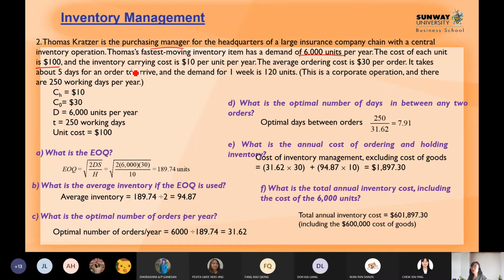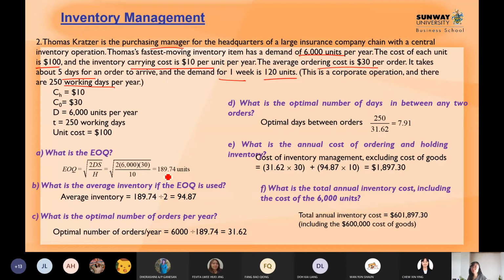The inventory carrying cost is $10 per unit. The average ordering cost is 30 per order. It takes 5 days to arrive. The demand for 1 week is 120 units, and the working days are 250. So what is the EOQ?